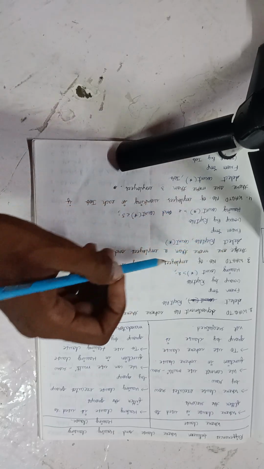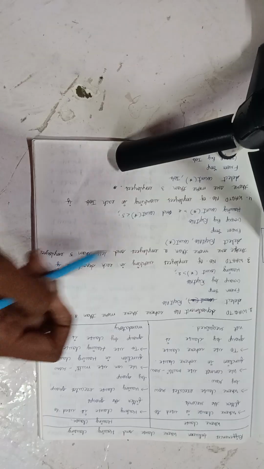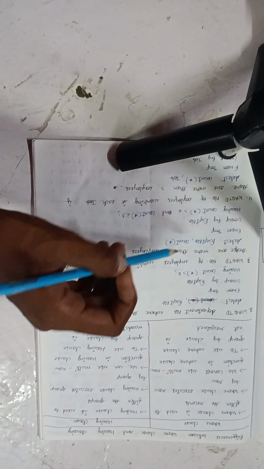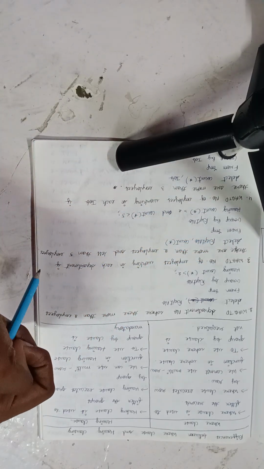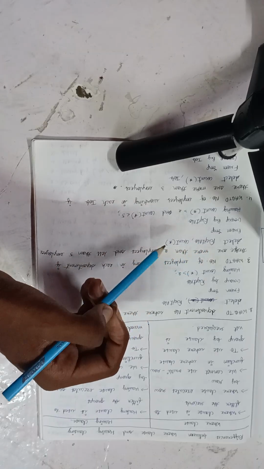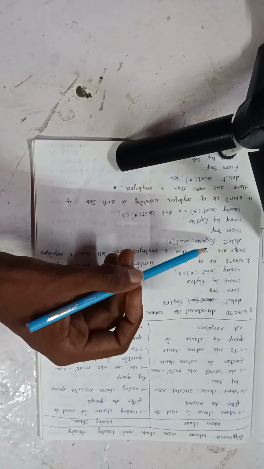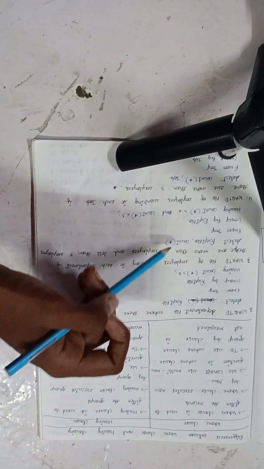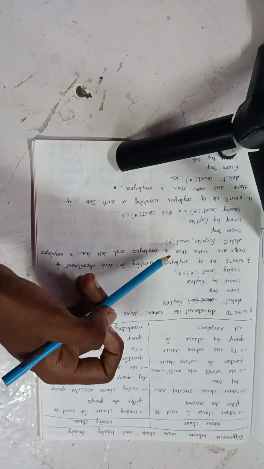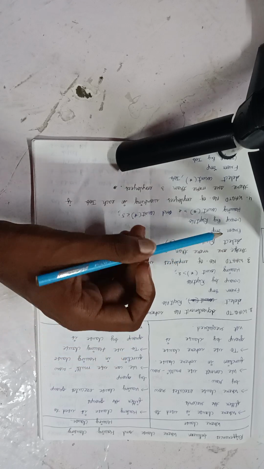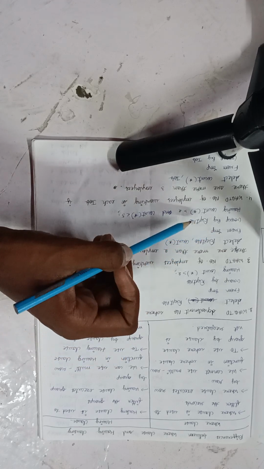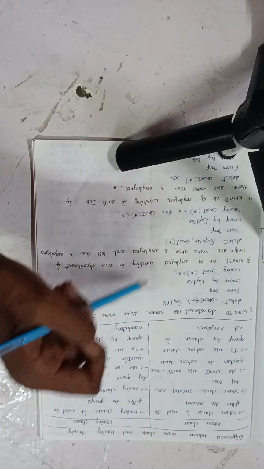Write a query to display the number of employees working in each department if there are more than 2 employees and less than 5 employees. Select department number, count(*) from EMP, so that we can have the department number and the count of how many employees are present in the employee table. Group by department number, we are separating into groups.